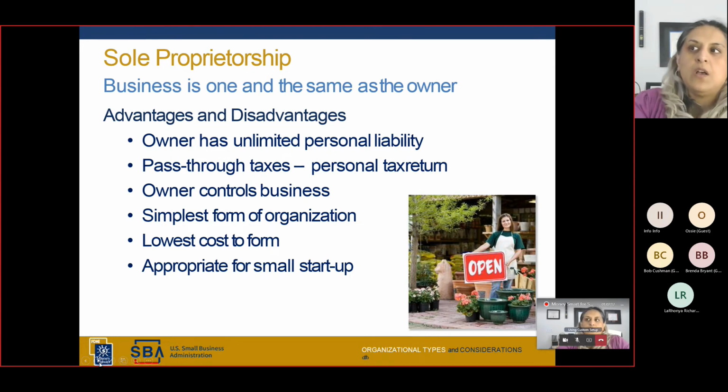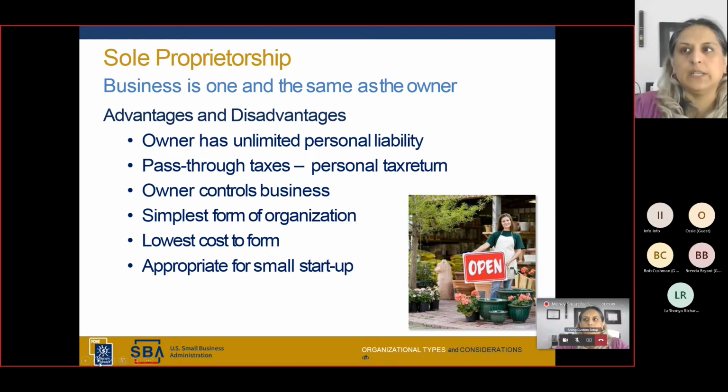Sole proprietors often need to make quarterly estimated tax payments. If you're making money in the business, you want to pay ahead so that by the end of the year you don't have a huge tax bill, and all of a sudden have to write a giant check to the IRS on April 15th. That's what they're speaking to.